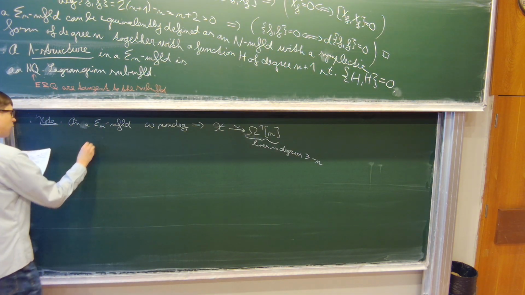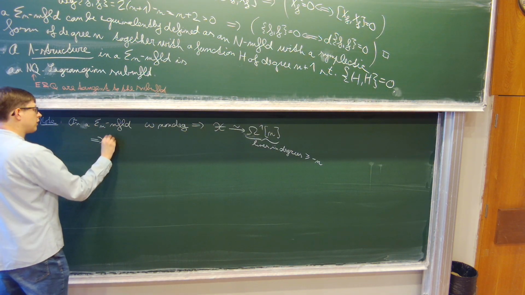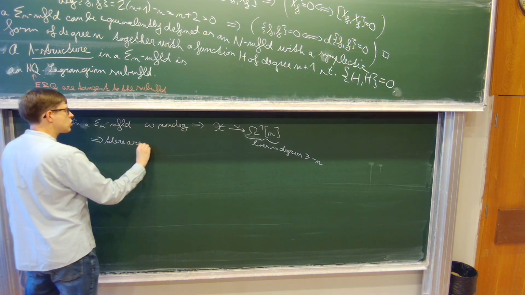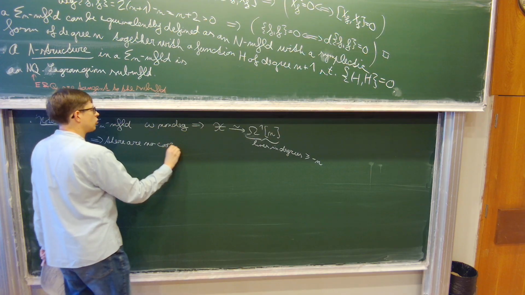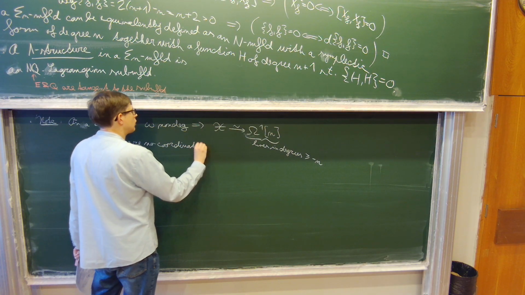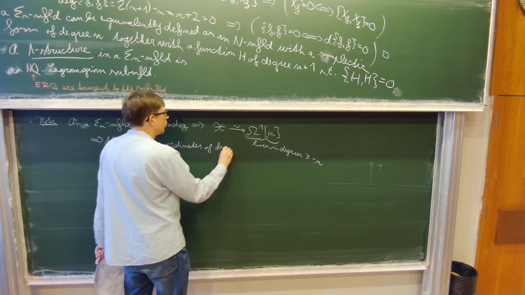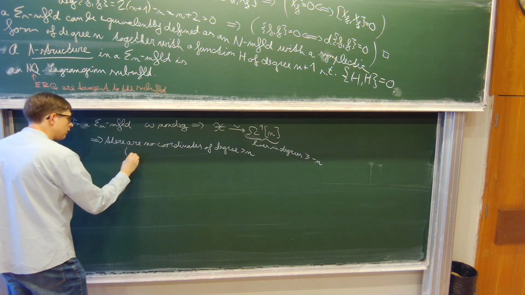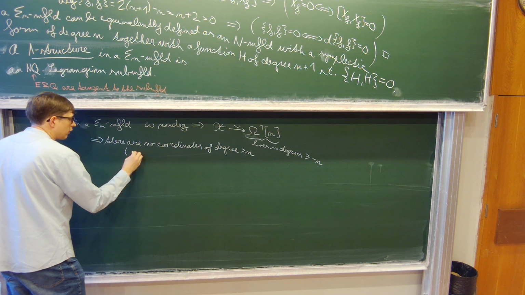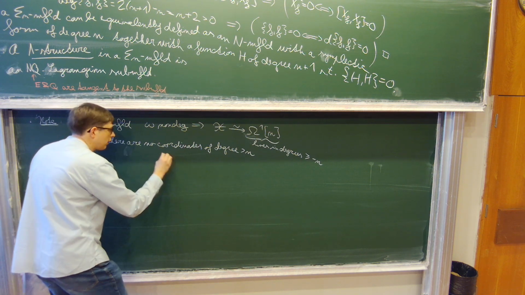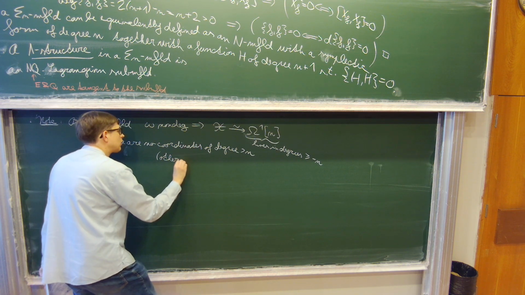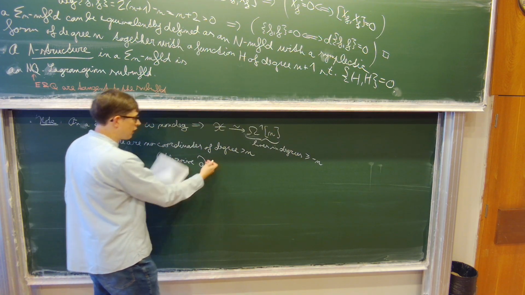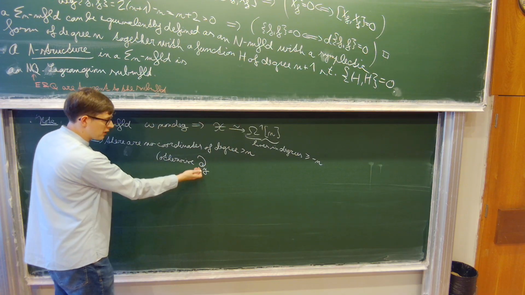So one conclusion you can draw from this is that on a sigma n manifold, there are no coordinates of degree higher than n, because if there were, the corresponding partial derivative would be of the opposite degree, because it removes one coordinate.